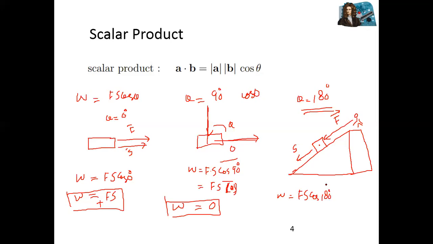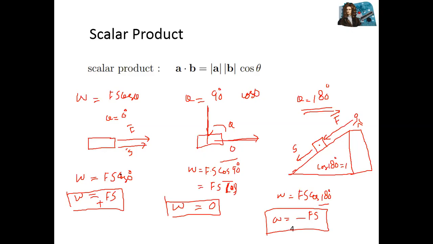And we know cosine of 180 degrees is minus 1. So the work will be minus F s. Cosine theta is minus 1, so minus 1 multiplied with this. This is called negative work. You are doing negative work.